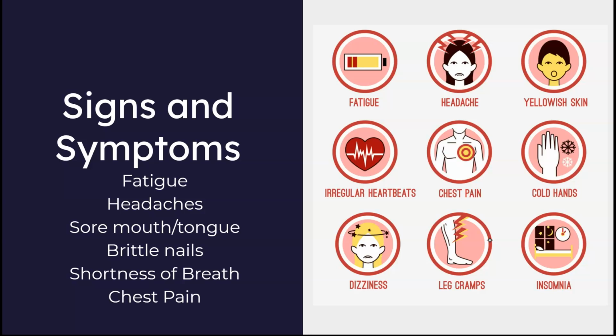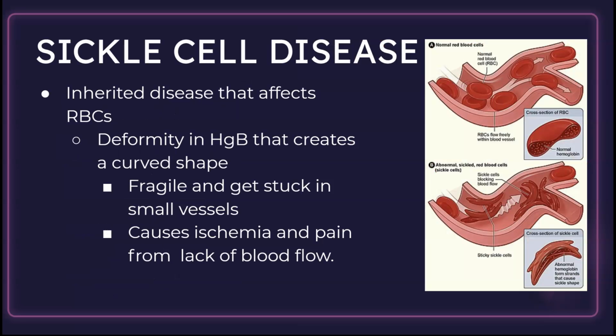Because think about it. If you're not able to transport enough oxygen, you're going to feel short of breath because your body's screaming for more oxygen. And that chest pain is because the heart is screaming for more oxygen. And if you aren't able to supply it because you have decreased red blood cells, this is what you're going to be presented with.